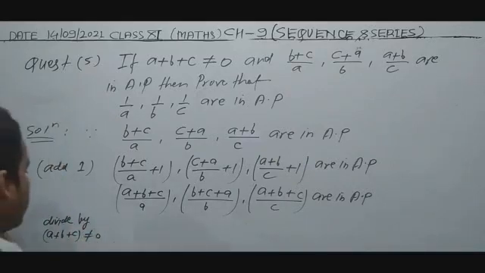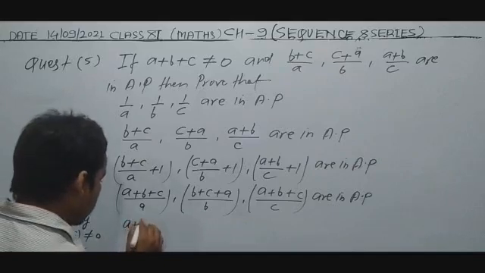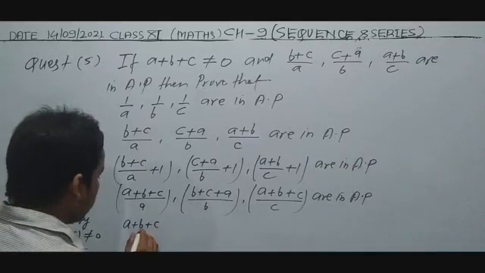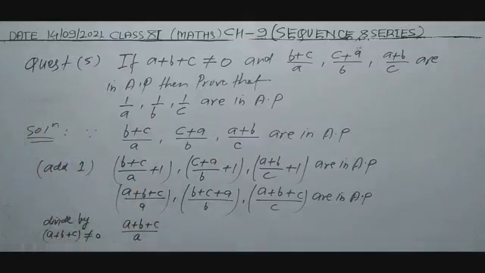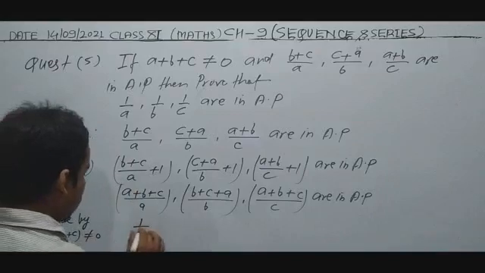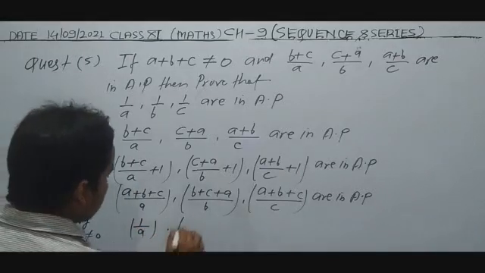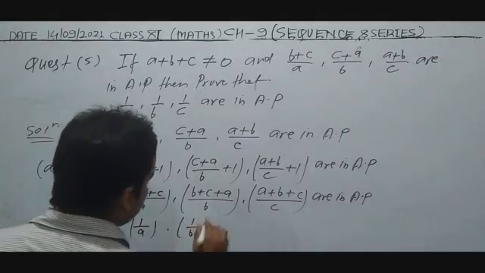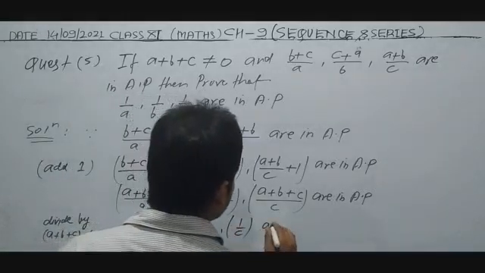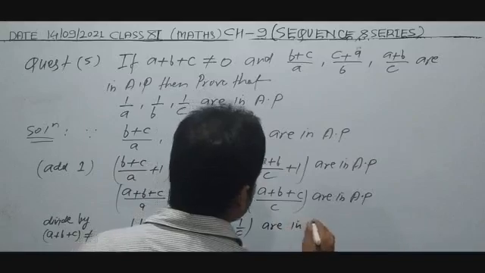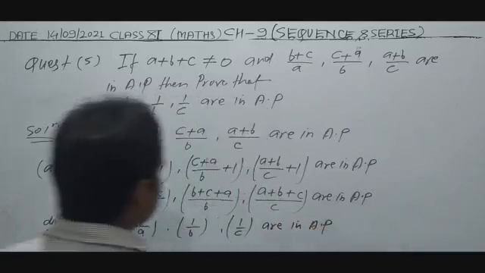So a plus b plus c upon a, divided by a plus b plus c, results in 1 upon a, then 1 upon b, and 1 upon c. That will also be in AP.